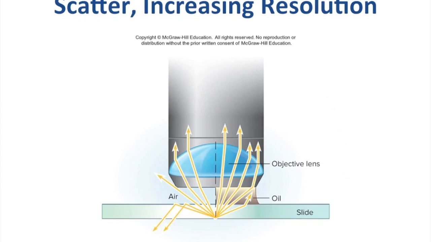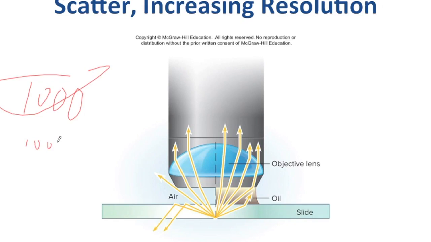So we have four objective lenses, and the highest magnification is 1000. Actually, we can reach 1000 magnification with the 100 magnification objective lens.